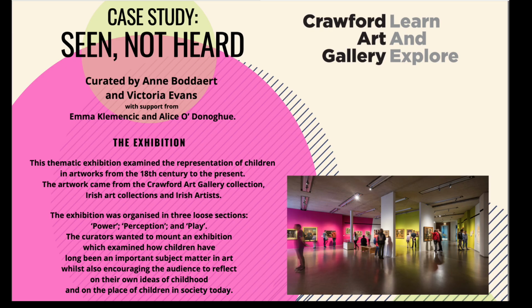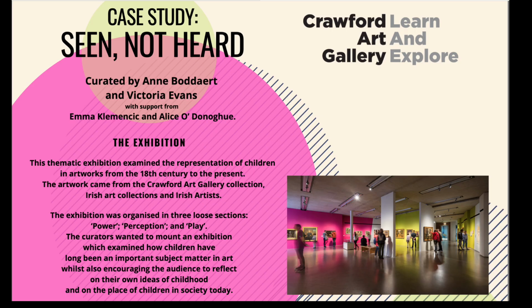The curators wanted to mount an exhibition which examined how children have long been an important subject in art, whilst also encouraging the audience to reflect on their own ideas of childhood and on the place of children in society today.